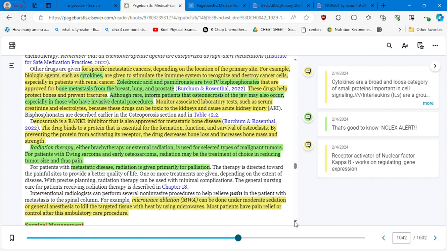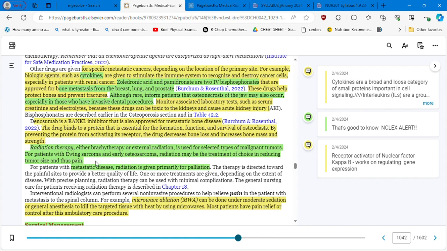Radiation therapy, either brachytherapy or external radiation, is used for selected types of malignant tumors. For patients with osteosarcoma, doctors usually prescribe surgery and chemotherapy, period. For Ewing sarcoma, they can prescribe surgery, chemotherapy, and radiation.